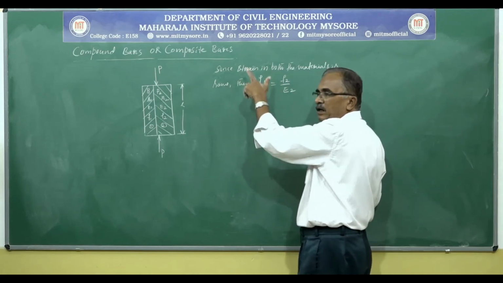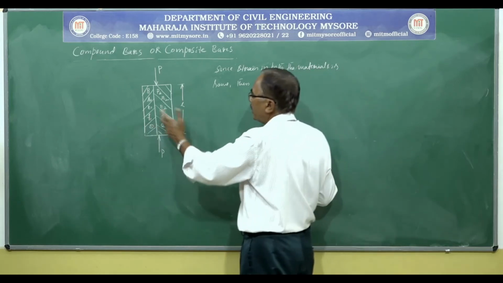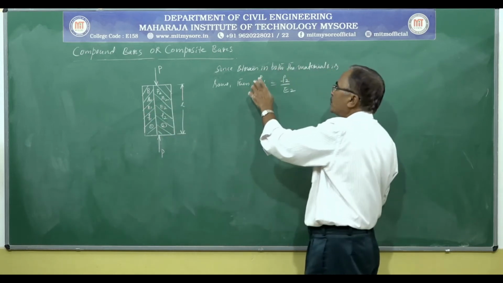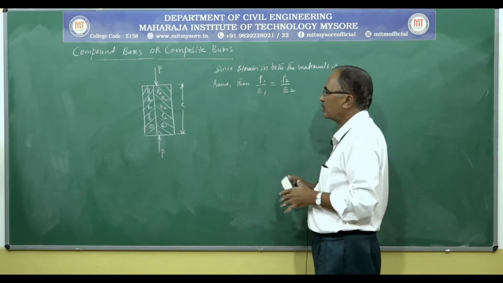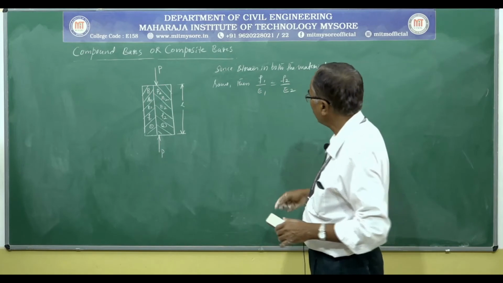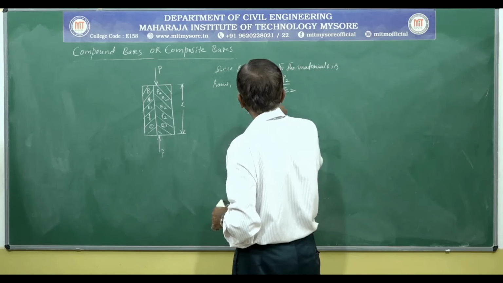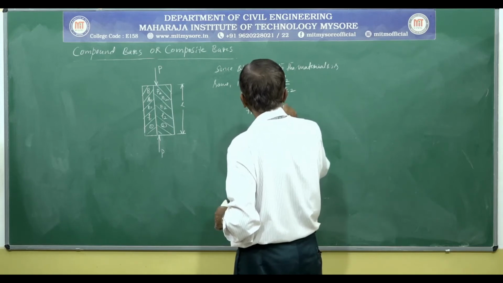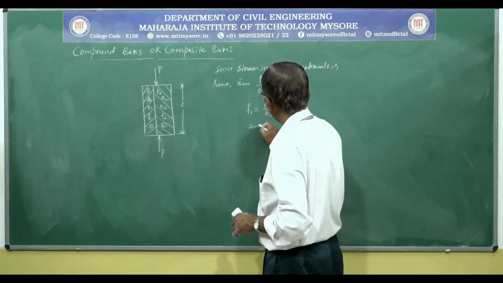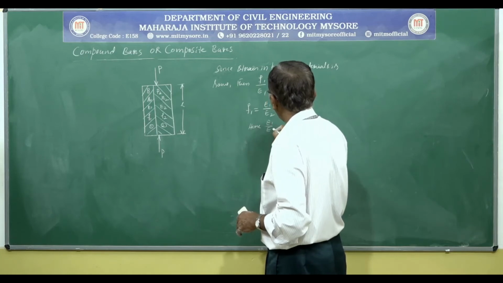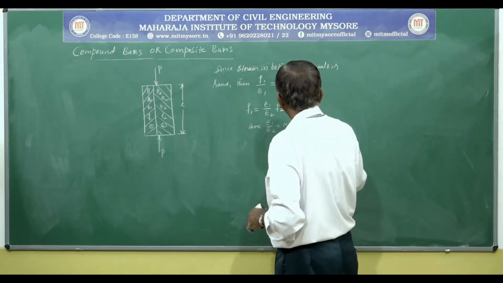F1 by E1 is delta L1 divided by L, and F2 by E2 is delta L2 divided by L, because delta L1 is equal to delta L2, so strain in both the materials will be the same. This is the change in length divided by original length. So this can also be written as F1 is equal to E1 by E2 into F2. Here E1 by E2 is known as the modular ratio.